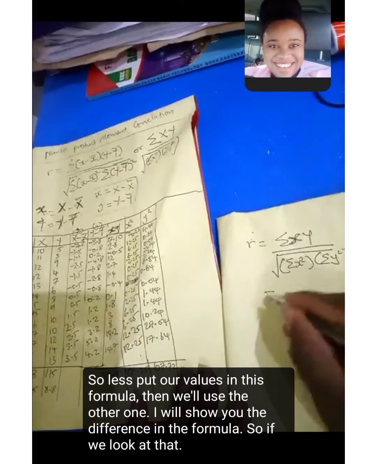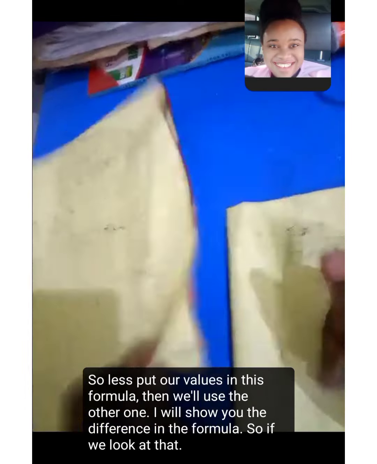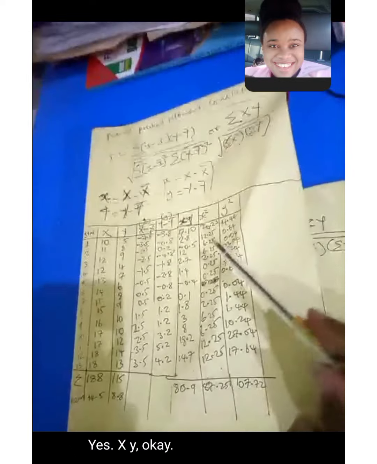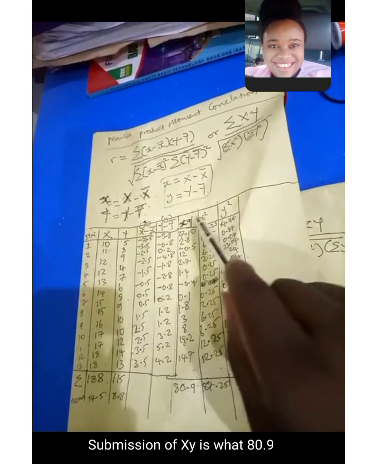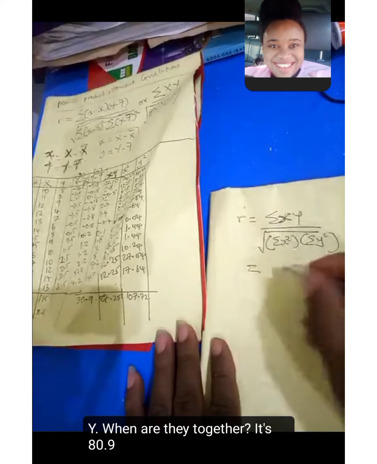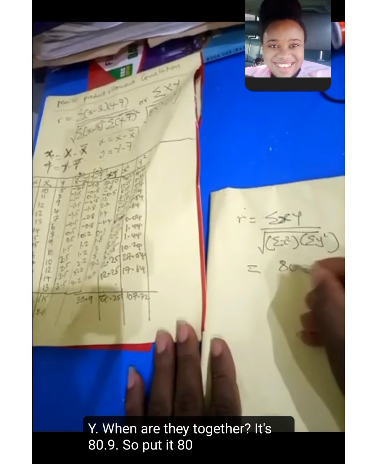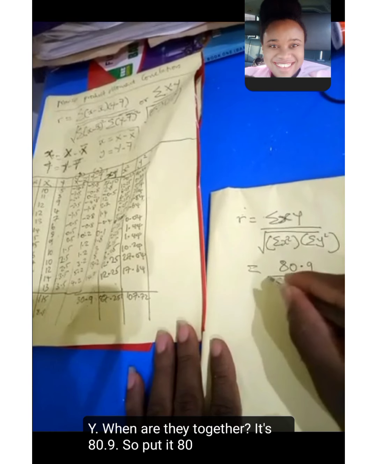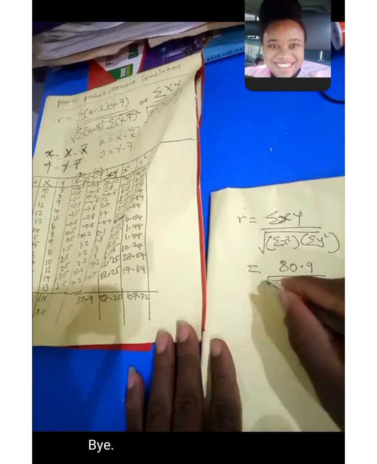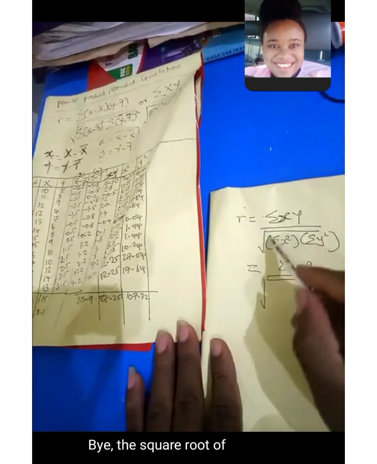If we look at our table, look at xy. The summation of xy is what? All the values of this xy added together is 80.9. So we'll put 80.9 divided by the square root of x. What is the summation of x squared?